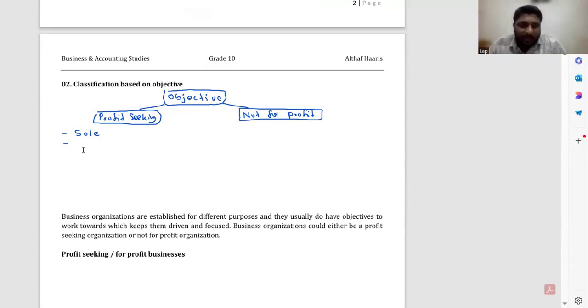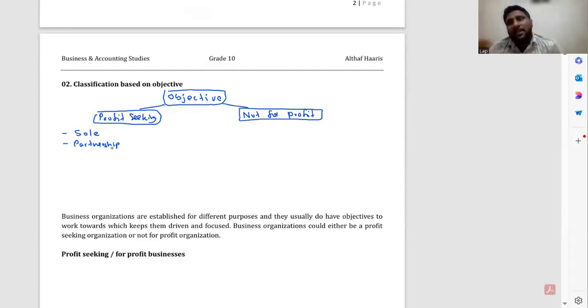Other one may be a partnership business. That means sometimes you and a few of your friends start a business. Sometimes you are good in marketing, your friend is good in sales, another friend is good in production work like carpentry of the tables, another friend is good in finance. So all of you can come together and start a business.